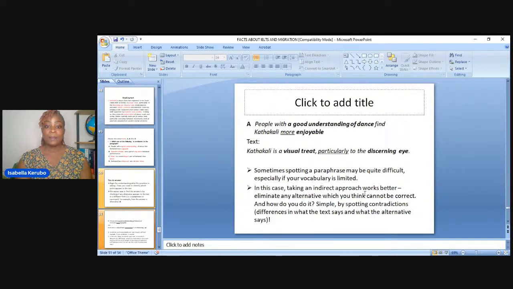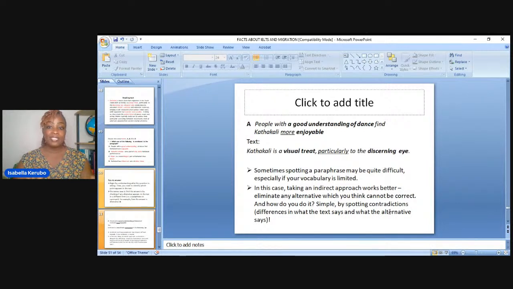The elimination method. This is where you go through all the answers. You see, we were given four options, A, B, C, and D. Read through all the answers. Read option A and check if the information there agrees with whatever information you read.